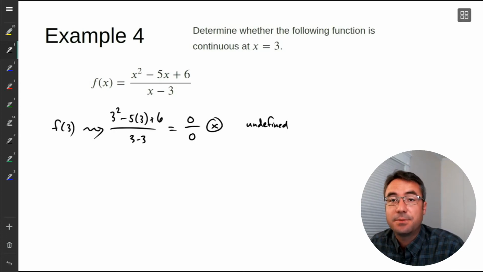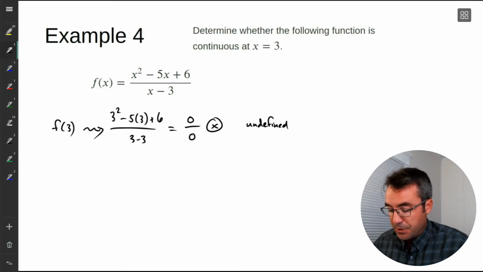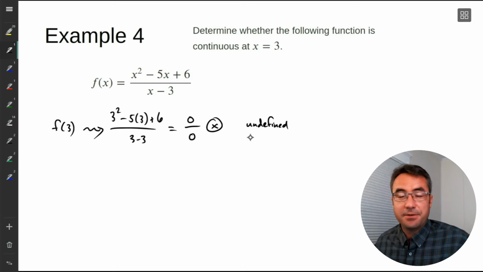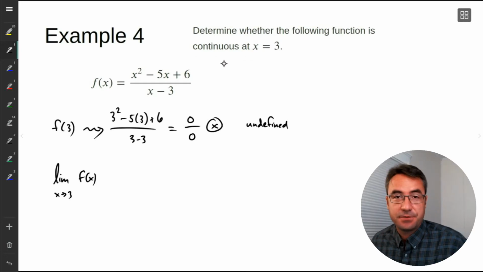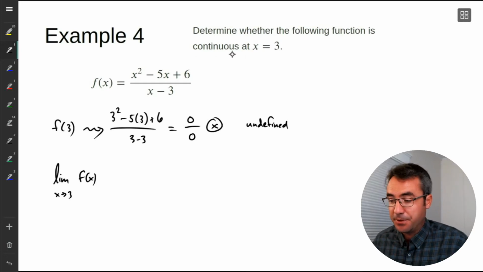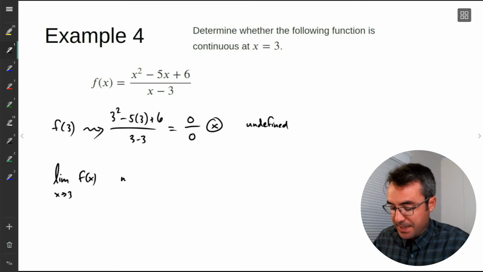We get division by 0, which is undefined. So because our function's not even defined at x equals 3, it doesn't even make sense to actually look at the limit. Or it's not necessary, I should say. So all we're interested in is figuring out if this function's continuous or not at x equals 3. So the limit is not necessary to check.